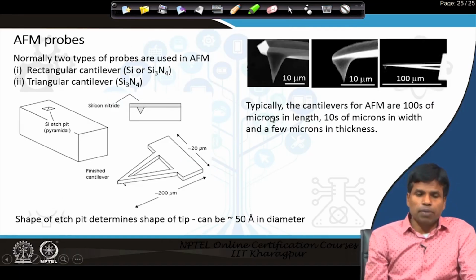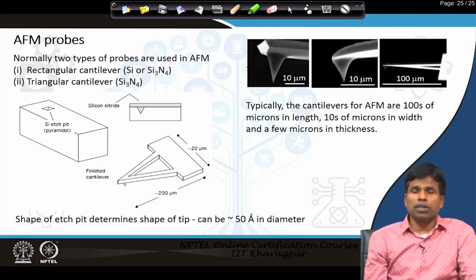Now, how are these AFM probes fabricated or produced? Normally, two types of probes are used, one is a rectangular cantilever and one is a triangular cantilever. They are made of either silicon or Si3N4, silicon nitride.